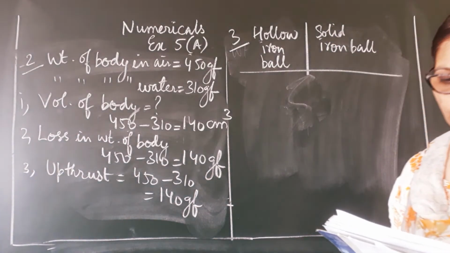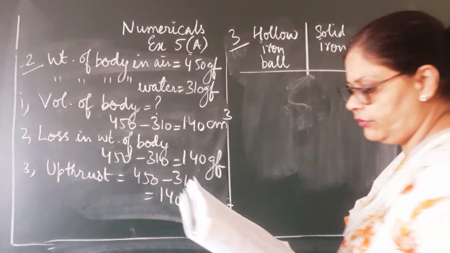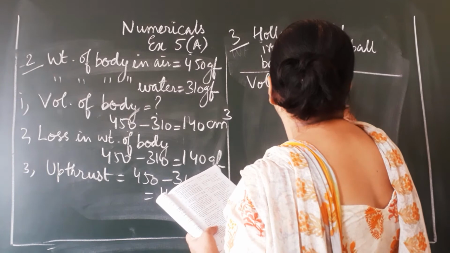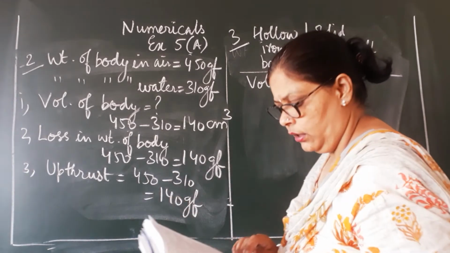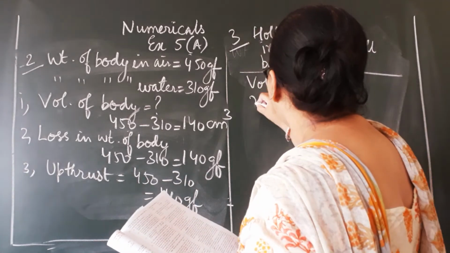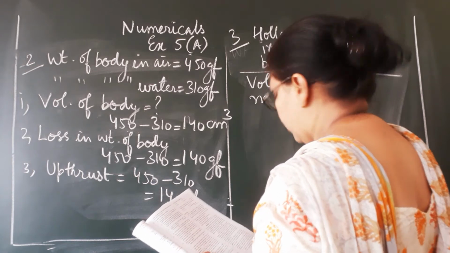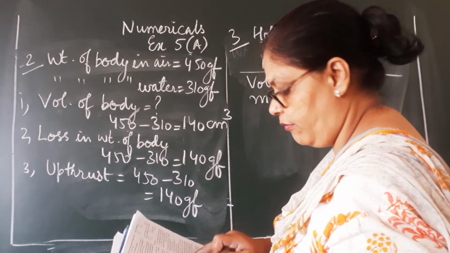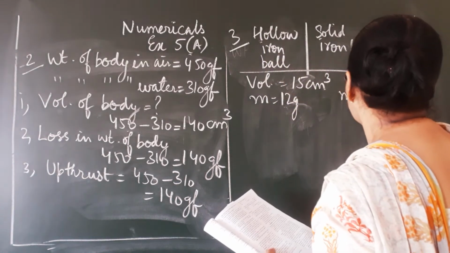Now what else is given to you? It is given the volume of the ball is equal to 15 cubic centimeter. That has been provided to you. And the mass is 12 grams for the hollow ball, and a solid iron ball of mass 12 grams. So the mass is the same for both.